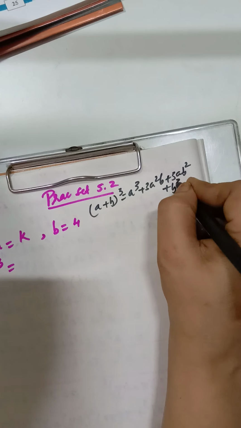So that will be 1344 x y square. So y square x or x y square you can write it. 512 y cube. I will just arrange this. So it is 343 x cube plus 1176 x square y plus 1344 x y square plus 512 y cube.